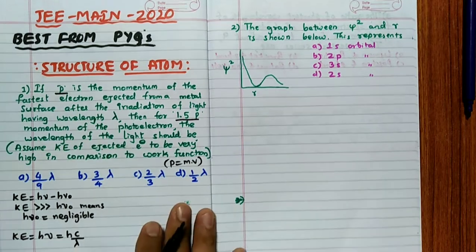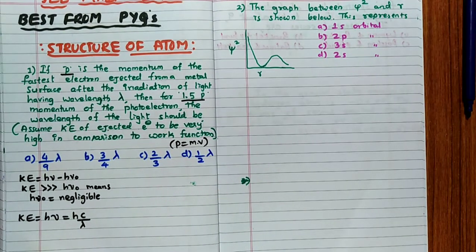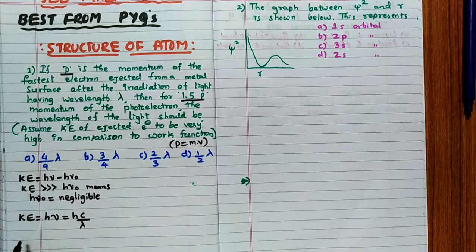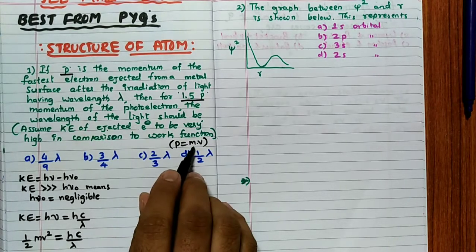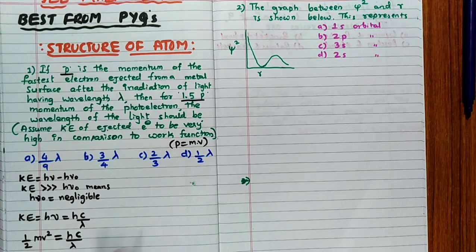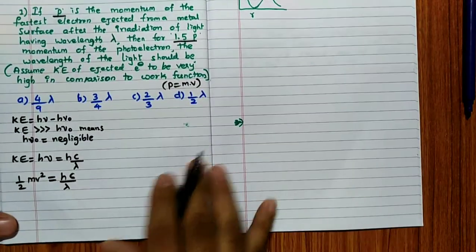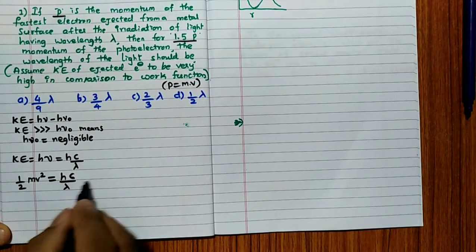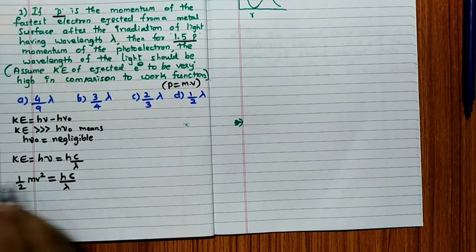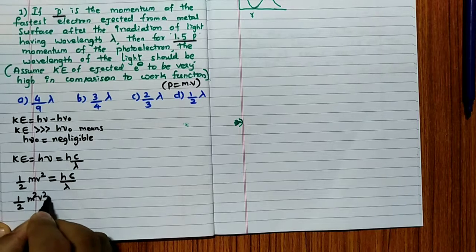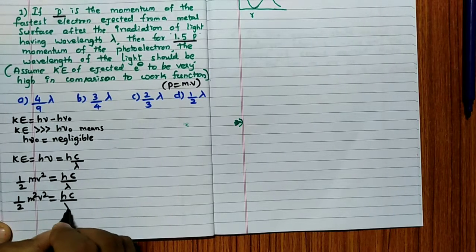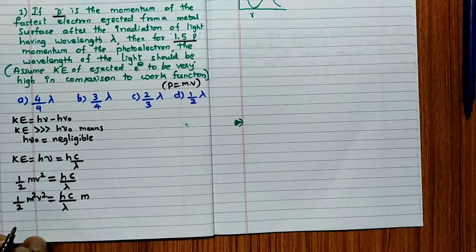So now clearly you can see here, very clearly I will tell you, in this particular case, kinetic energy is equal to half into mv square is equal to hc by lambda. We need m into v, this momentum, correct? So for that what we will do it here, see correctly, multiply both side by m, remember. So I will write 1 by 2 m square v square is equal to hc by lambda into m. It's a very important step.